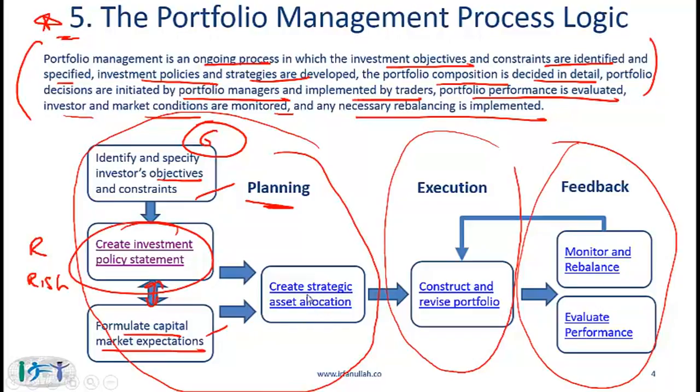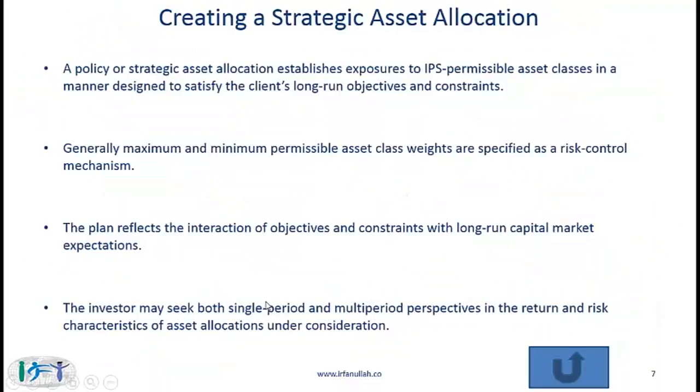So what do we mean by a strategic asset allocation? A policy or strategic asset allocation establishes exposures to IPS permissible asset classes in a manner designed to satisfy the client's long-run objectives and constraints. Now, what you might say is that your client is, let's say, a wealthy individual who is working, has a high salary, and has several years to retirement.